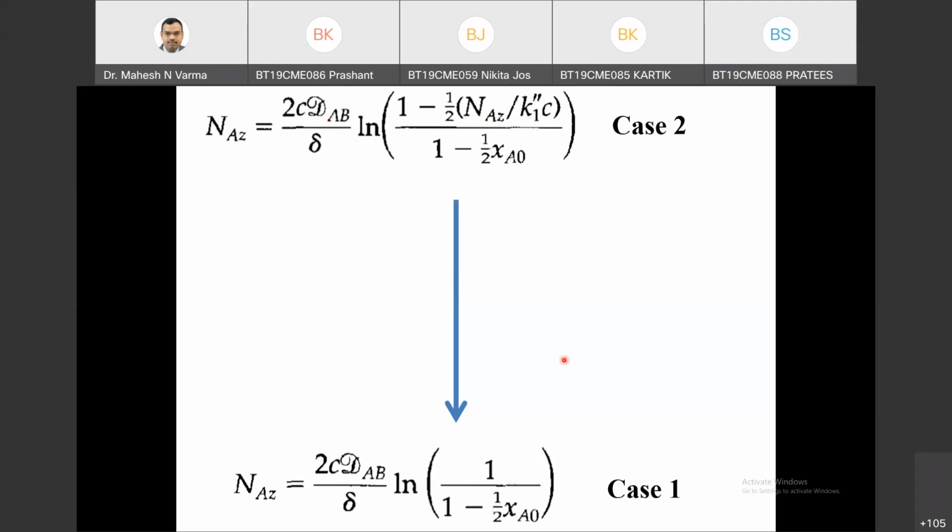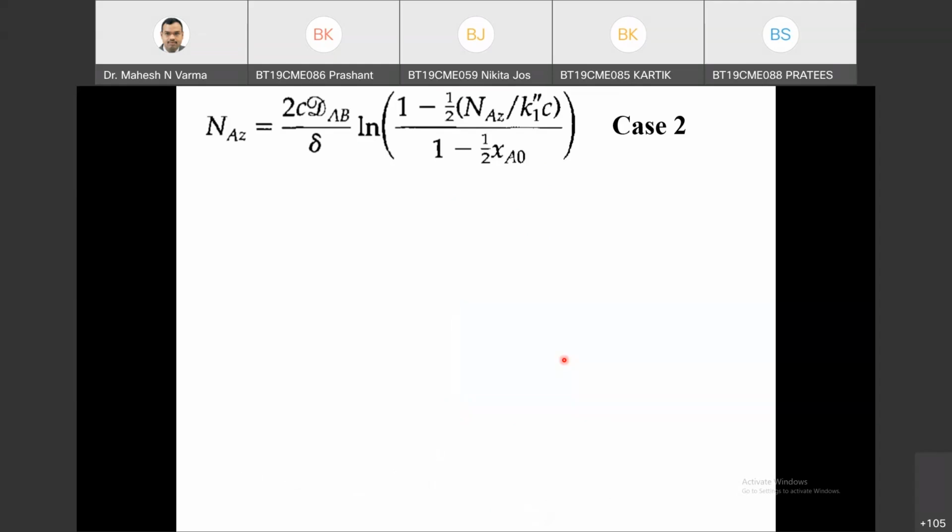Now, how to get this equation, Nikita? We can use some form of expansion for the Ln term. Yes, certainly you need to use expansion. This is very simple actually. First you expand the numerator and denominator.